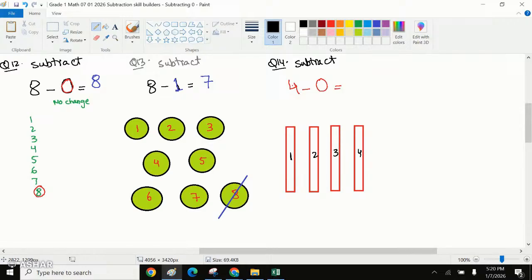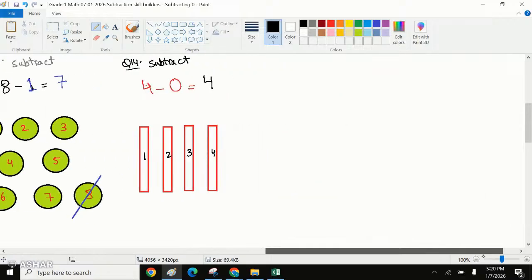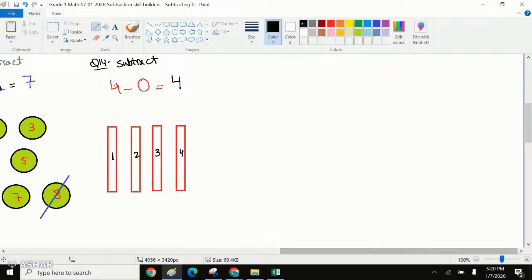That means if you draw 4 rectangles and you do not erase any rectangle, at the end you will still have 4 rectangles left, 1, 2, 3, 4. Those are the remaining rectangles because you did not erase any of them. Thank you so much. Let's look at the next question.